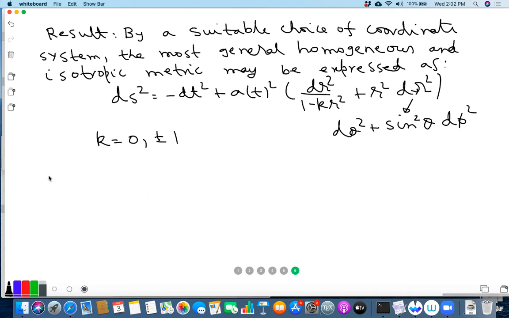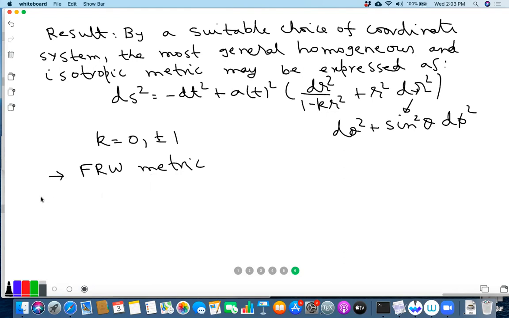So this is what is called the FRW metric, the Friedman Robertson Walker metric. This I'll assume without proving, but I'll try to explain where they come from.